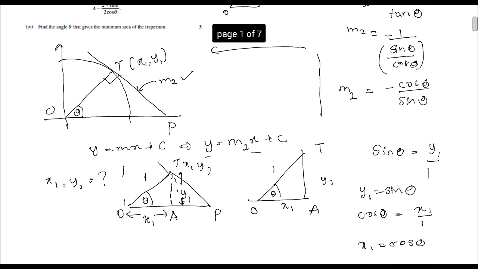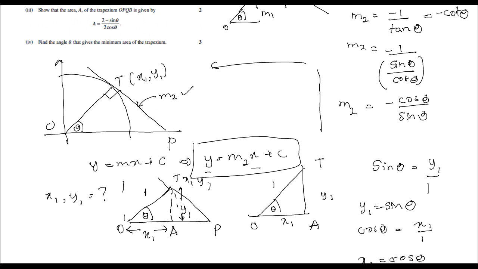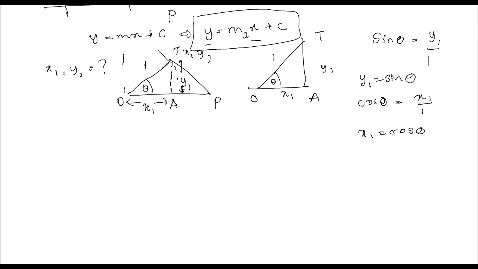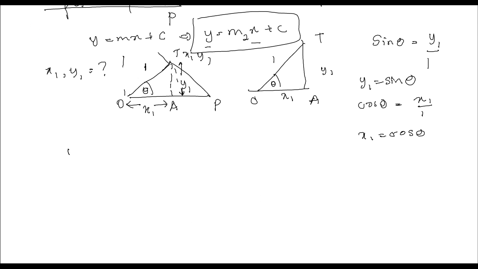Now for this line I know x1 and y1, so I will rewrite my equation, which is this one down here, in terms of that line: y1 equals m2 x1 plus c. Because I know y1 and x1, I can sub them in.